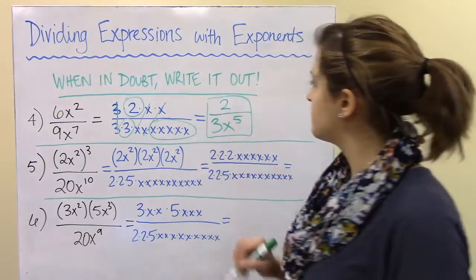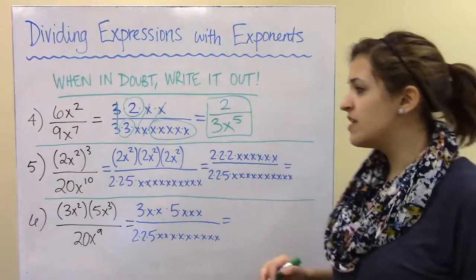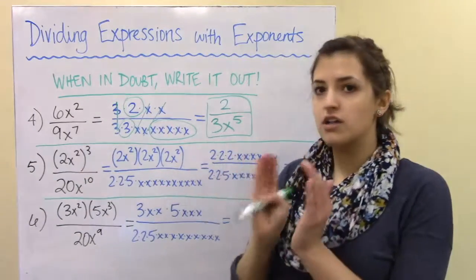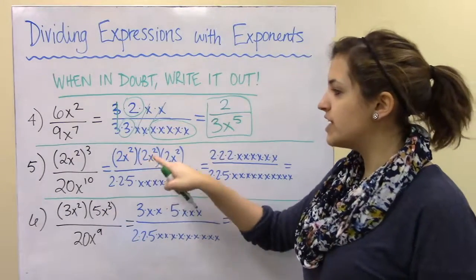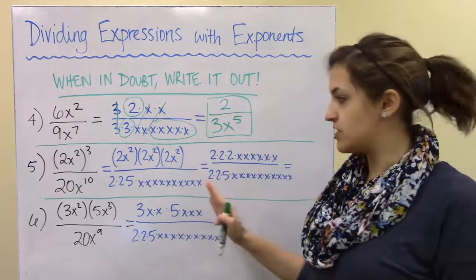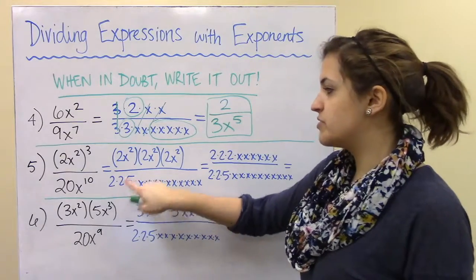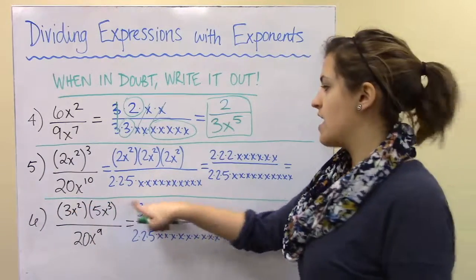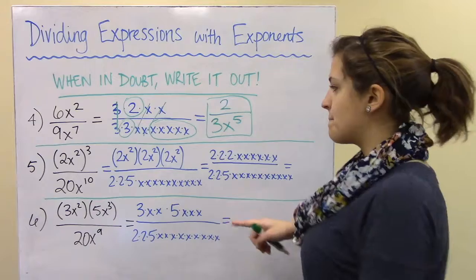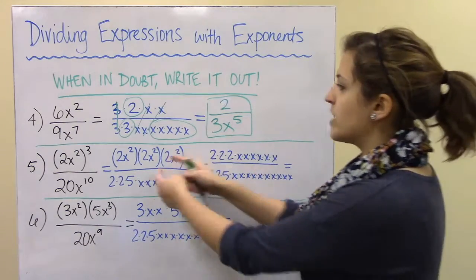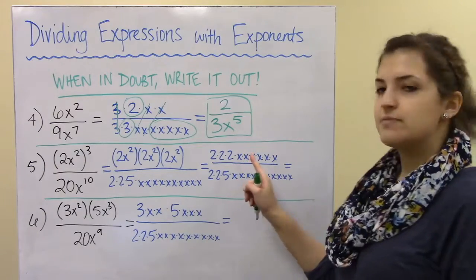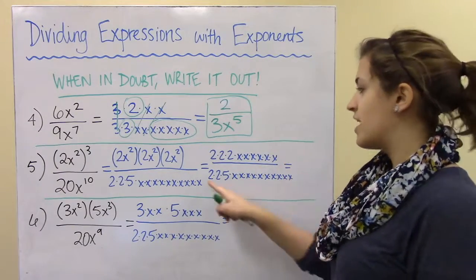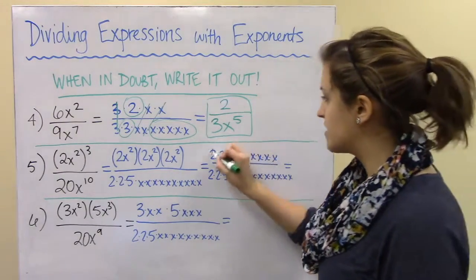That's my answer. All right, for number 5, I have 2x squared all cubed over 20x to the 10th. So I have 3 2x squareds multiplied by each other over 2 times 2 times 5, that's 20, and 10 x's multiplied together. Well, I took the liberty of writing all of these out in the numerator, so I have 2 times 2 times 2 times 6 x's multiplied together, and the same thing on the denominator, so I'm going to cancel my terms.